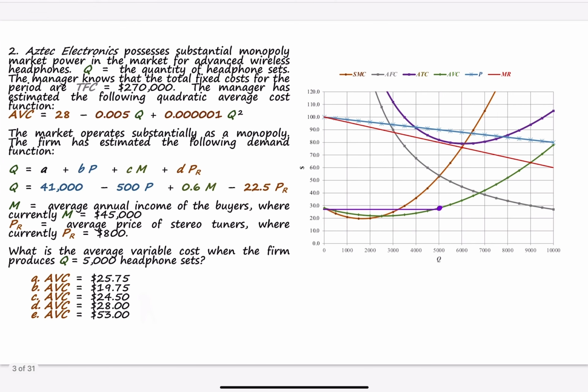Next one has a graph, and it gives us all of our information. It says, what is average variable cost when the firm produces 5,000 headphone sets? So there's two different ways that we can solve this. One, we can look at the graph, and we can go to where Q equals 5,000.